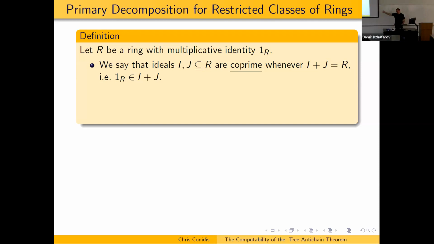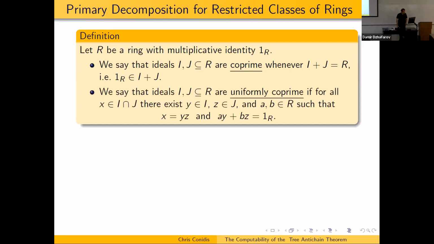Just recall, this is standard algebra stuff. Recall that 2 ideals are said to be coprime if their sum is the entire ring. In other words, if they generate the unit in the ring, the identity element in the ring.